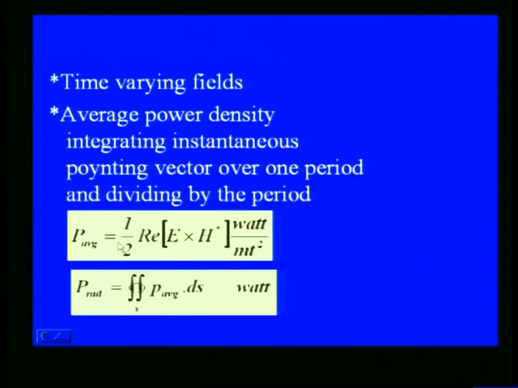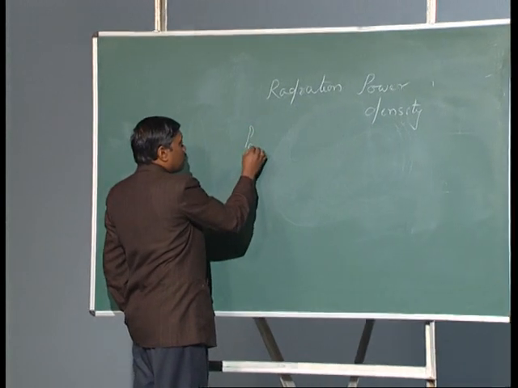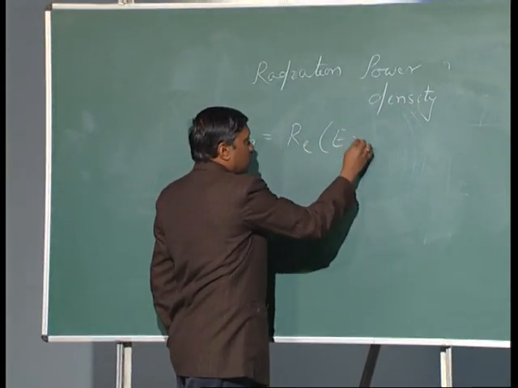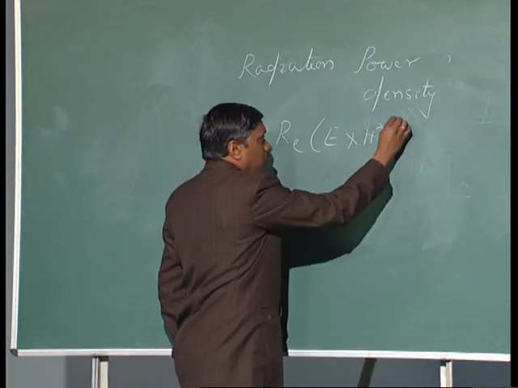So, in this first expression for the average power, you see that I put a 1 by 2, because here the fields are peak values. If you are not considering the peak values, then this half will not be there. If you are considering the RMS values, then this P average expression will be the real part of E cross H conjugate.